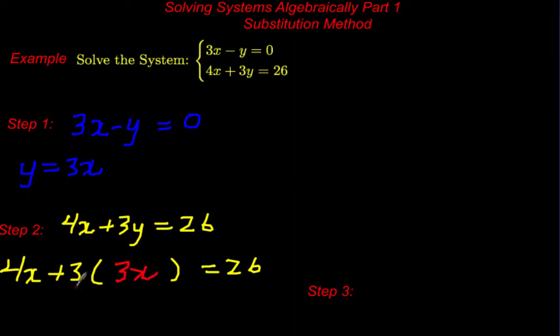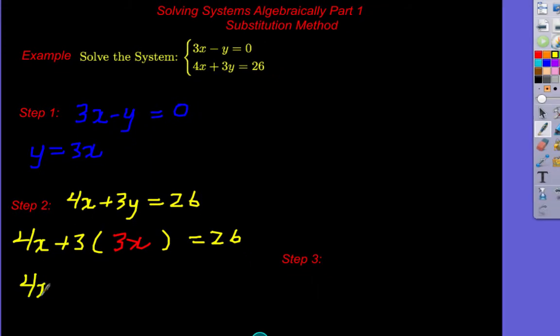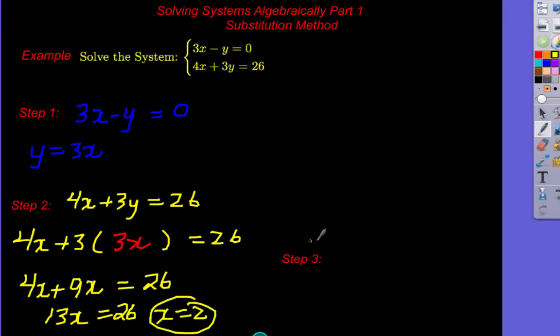So there's your equation in one variable, and now we solve for x. So we have 4x plus 9x equals 26. So we have 13x equals 26. So x equals 2.